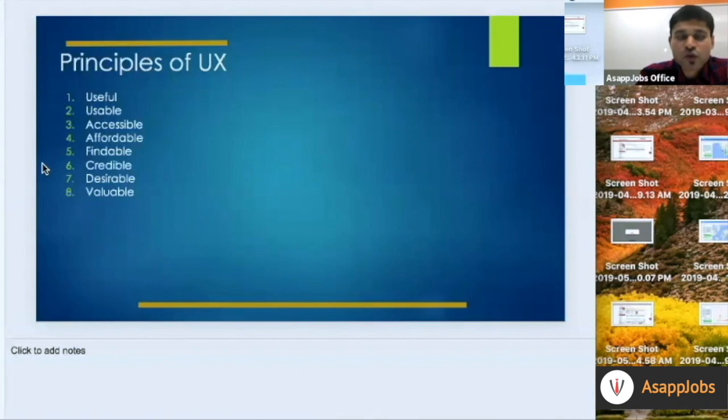So experience strategy is about that. You need to devise your strategy around this: whatever UX you build should give some value to the business.